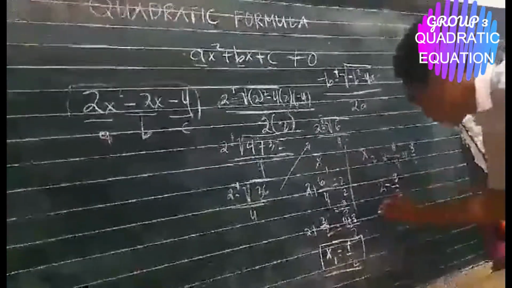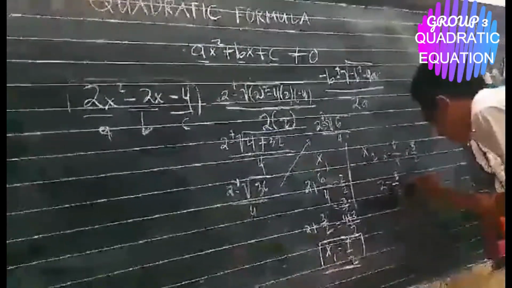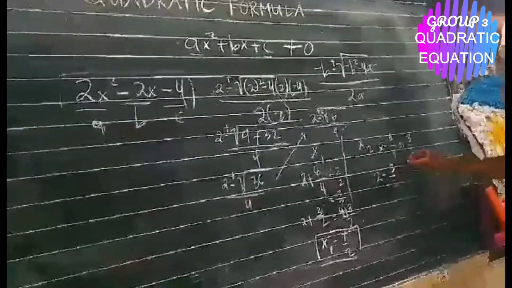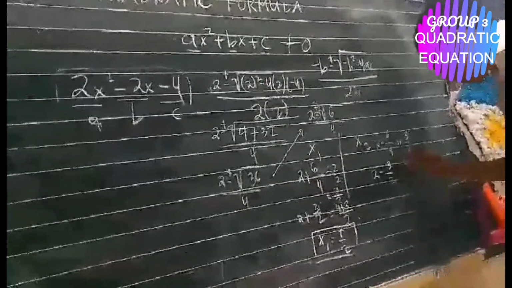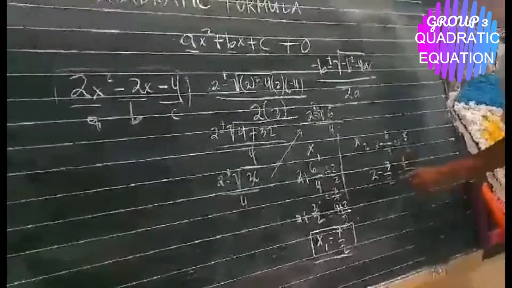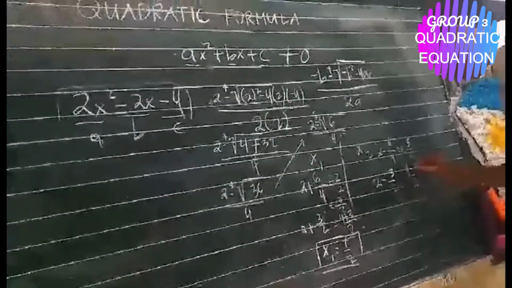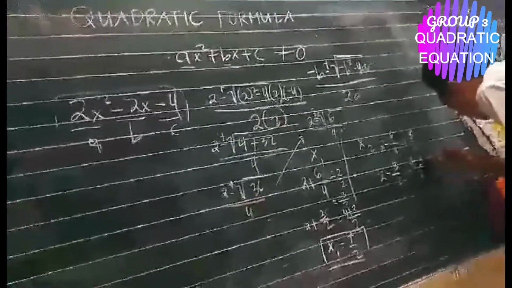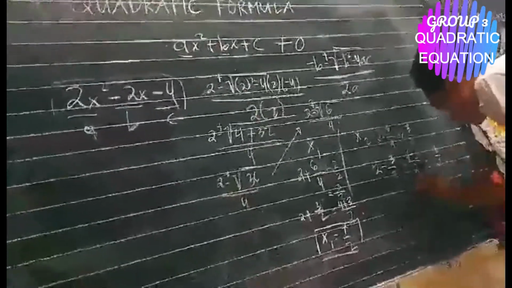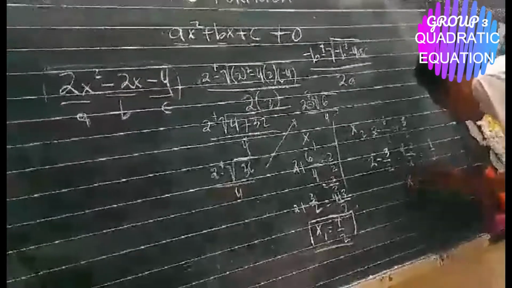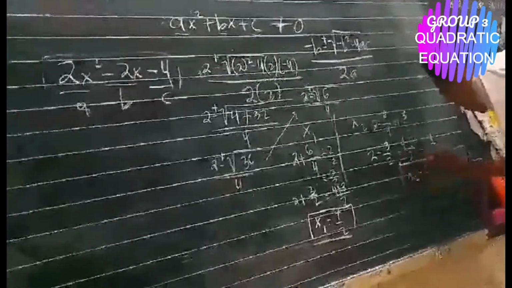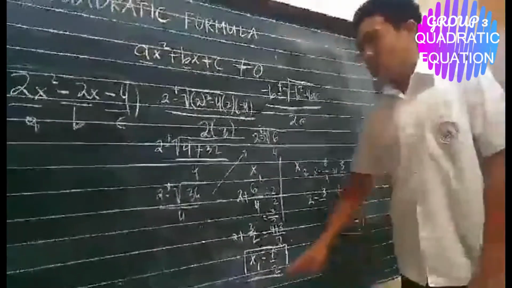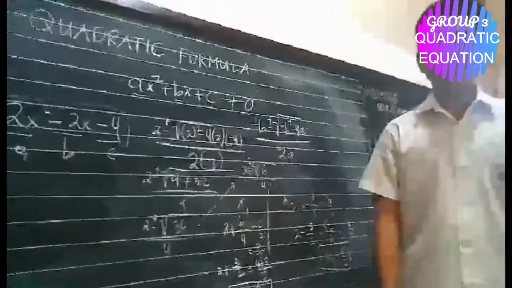And for our x sub 2, the LCD here is 2. 2 divided by 1 equals 2 times 2 equals 4, minus 2 divided by 2 equals 1 times 3 equals 3, equals 1 over 2. This is our x sub 2. And again, these are called the roots of your quadratic equation.